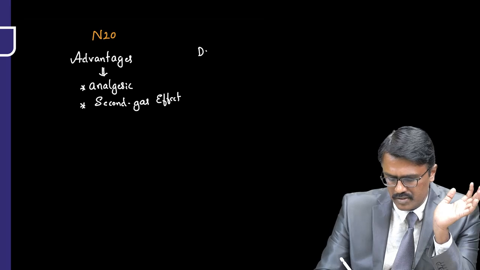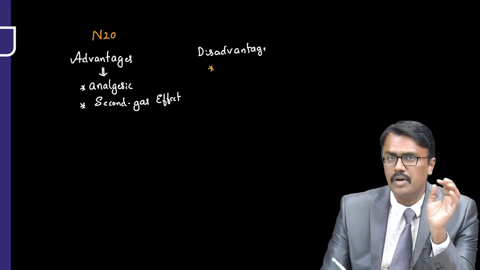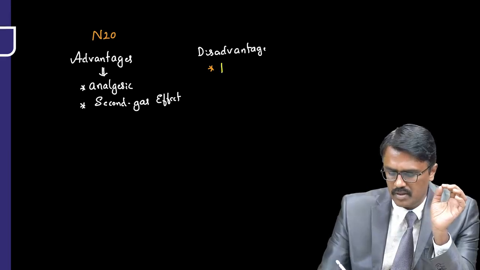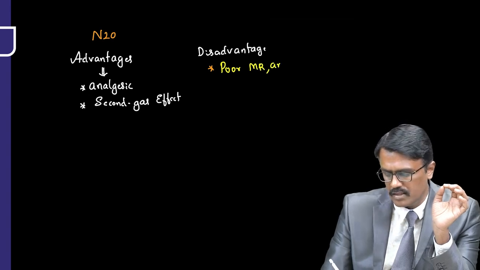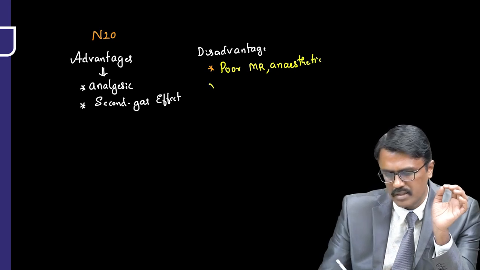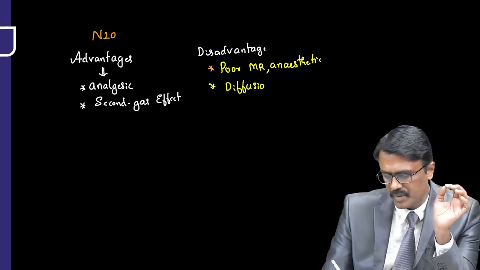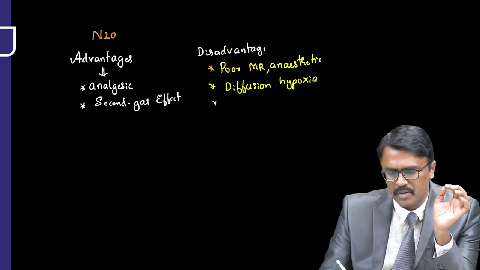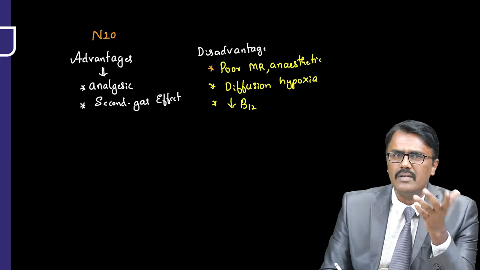What is the disadvantage? The disadvantage is, I told you to analyze whether they produce good muscle relaxation. No, it's a poor muscle relaxant. It's a poor anesthetic. So it's a best analgesic, that's it. And it can produce diffusion hypoxia, and it can decrease B12 levels. And this is not seen in 1 day, 2 days.